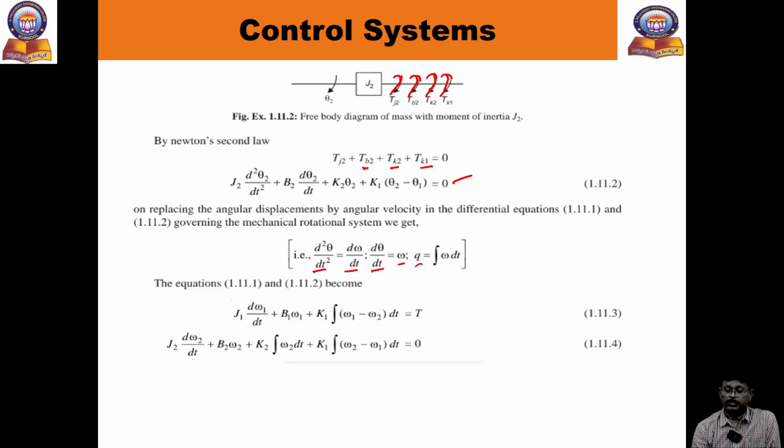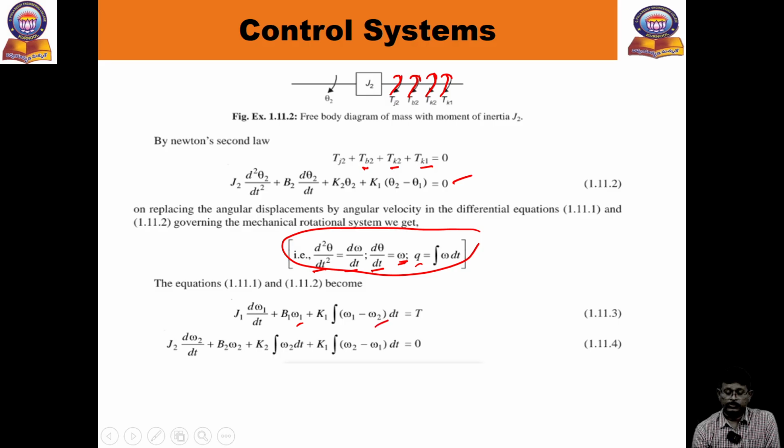Now applying these to the previous two equations: T equals J1 d omega 1 by dt, because there you get d squared theta by dt squared, so now d omega 1 by dt. Previously B1 into d theta by dt, and d theta by dt is nothing but omega 1. Then in place of the spring constant term you take the integral of omega dt.